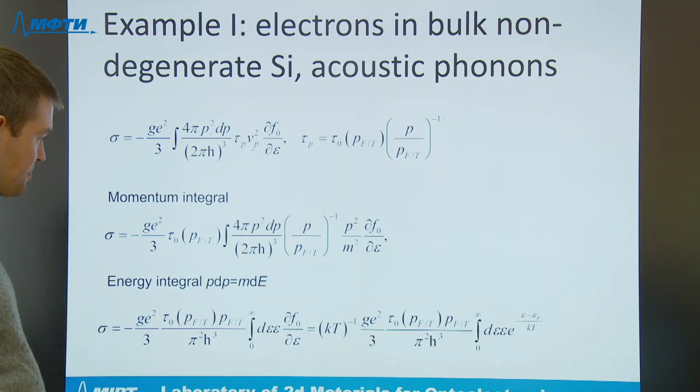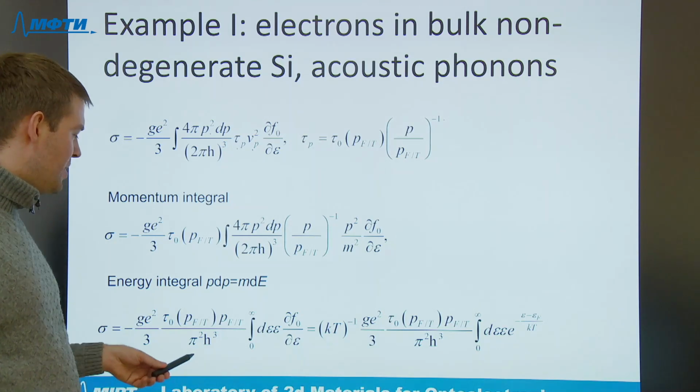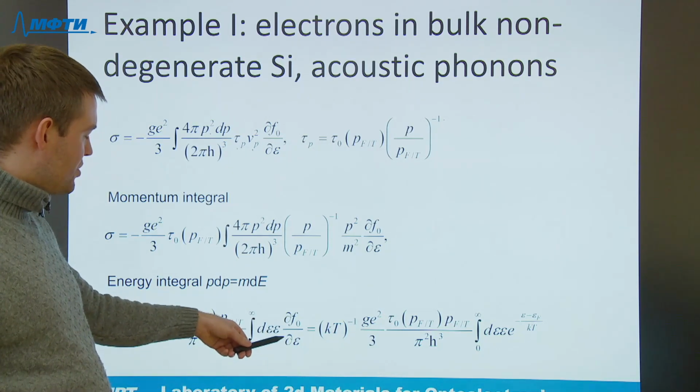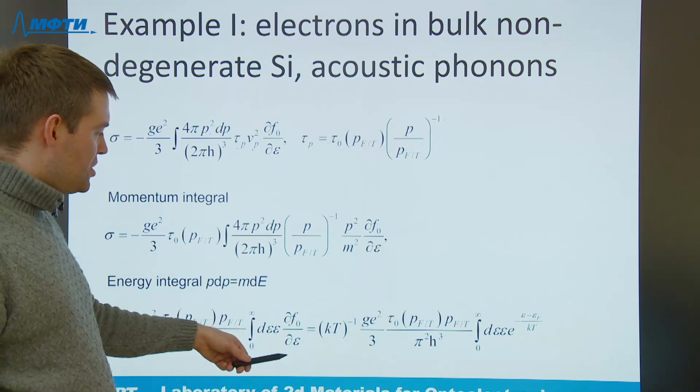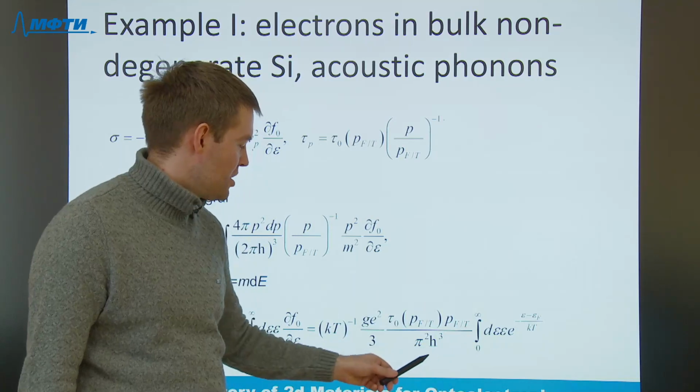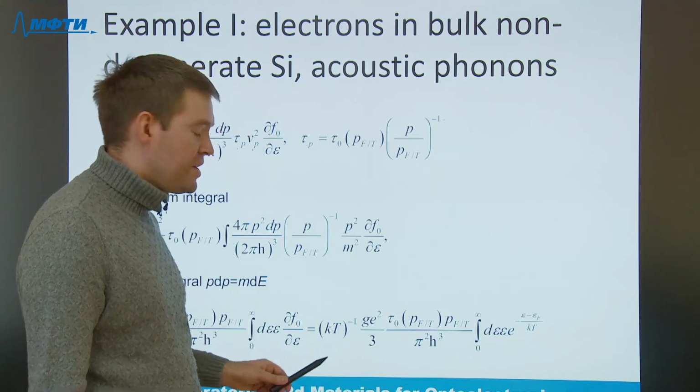So we can simplify this by simplifying the derivative of distribution function with respect to energy and rewriting it as a simple exponential divided by kT.